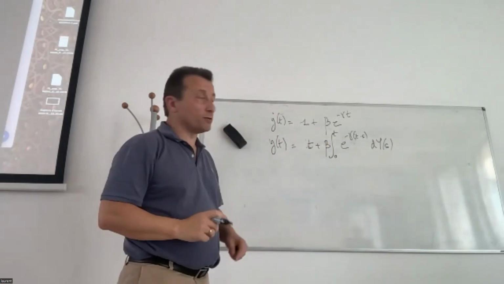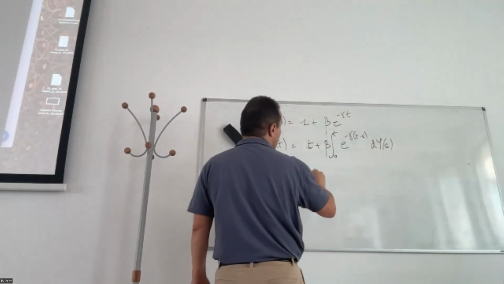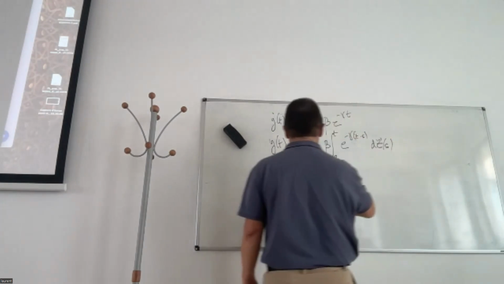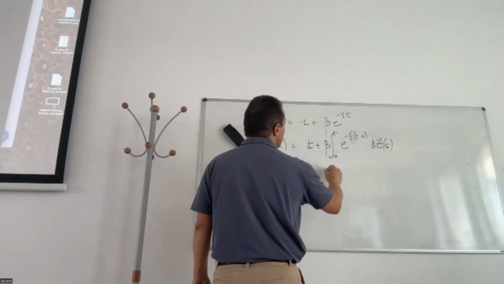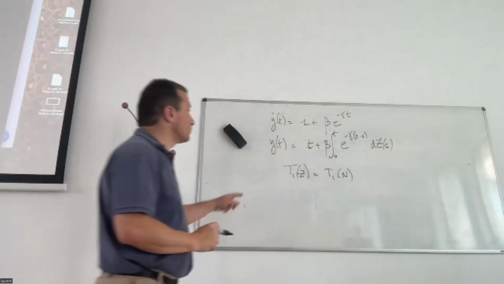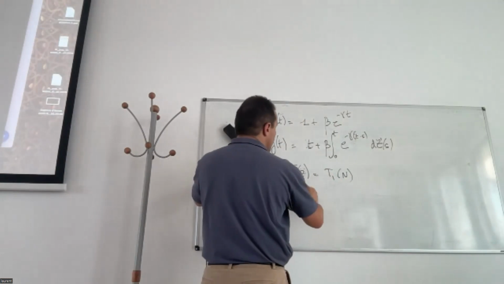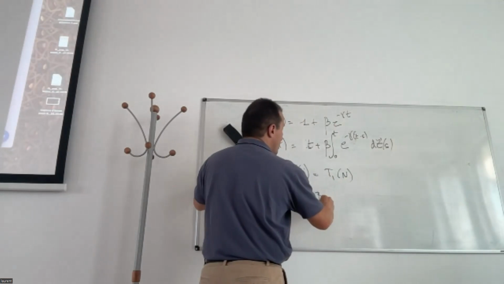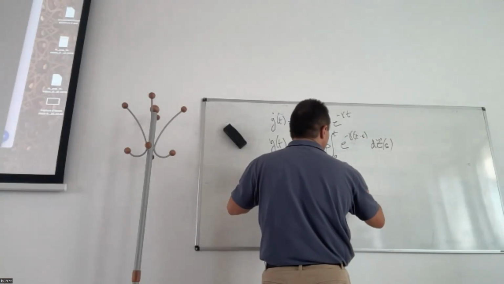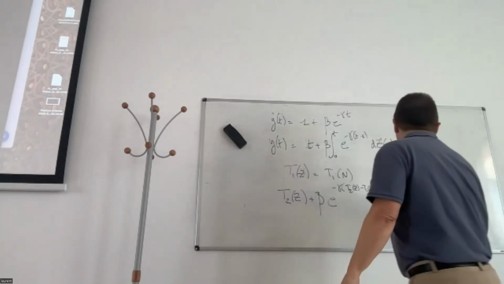So the first equation is T1 of y of z is equal to T1 of y. Okay, let's see that. The second equation is T2 of z plus beta exponential minus gamma (T2 of z minus T1 of z) is equal to T2 of y.